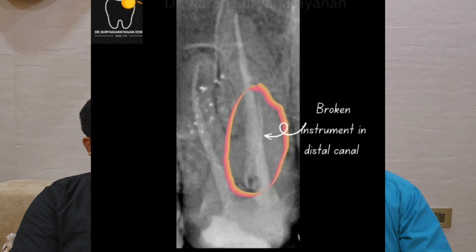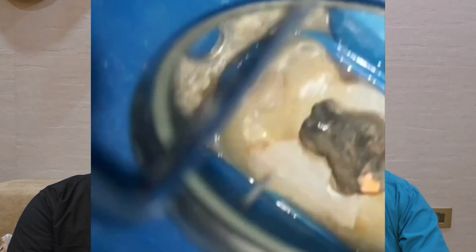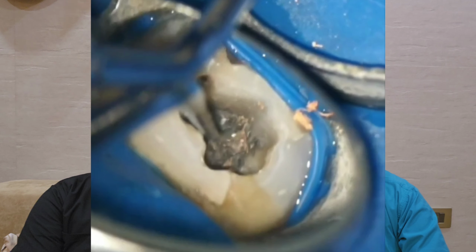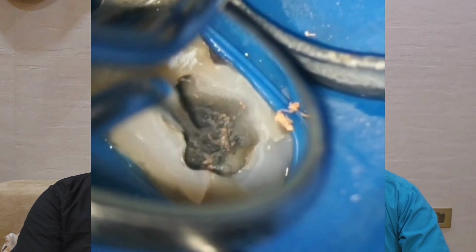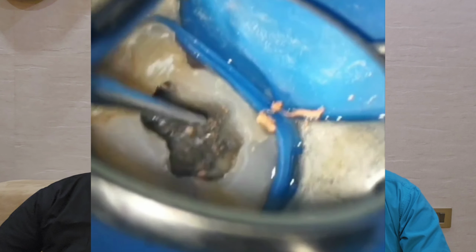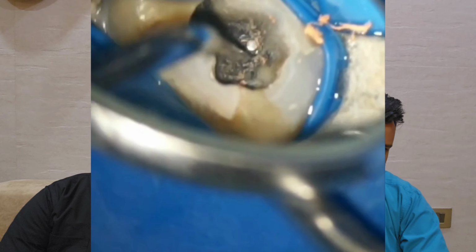Now coming back to one more complication which we have highlighted in one of our shorts, the separation of the instrument which is used to do a root canal, which can happen with anybody. But this also can be avoided and be taken care of if it happens. So this is a complication where, if it happens with anybody, you have to know how to manage it properly.